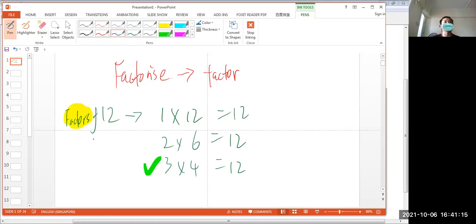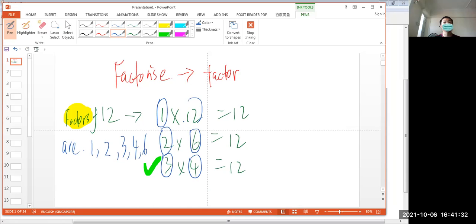So the factors of 12 are 1, can you see 1? And then 2, and then 3, and then 4, and then of course 6, and of course, the last one, 12. So this is the meaning of factors of 12. So are you clear for this part?